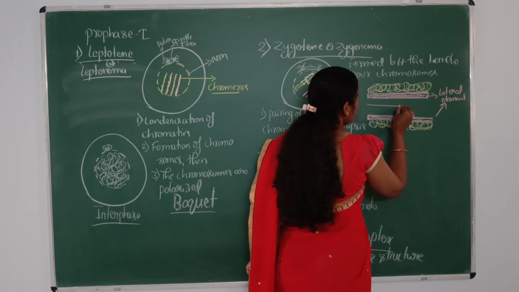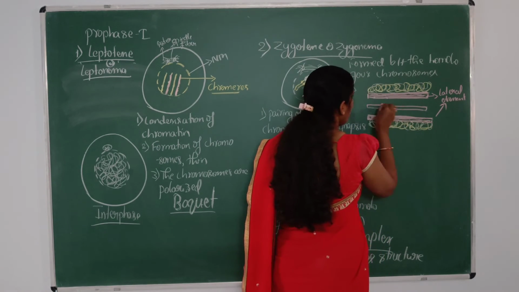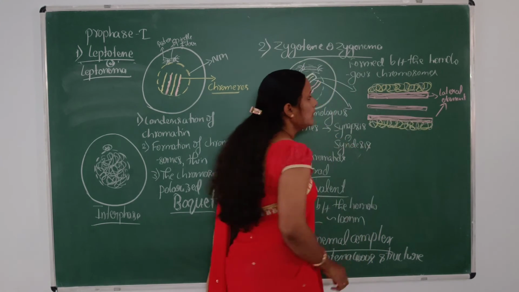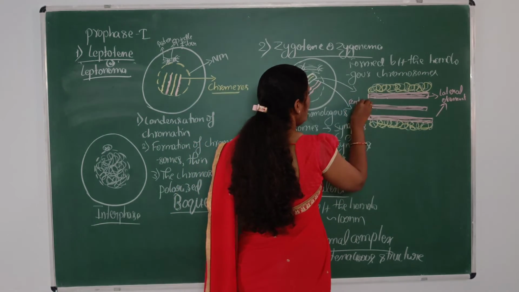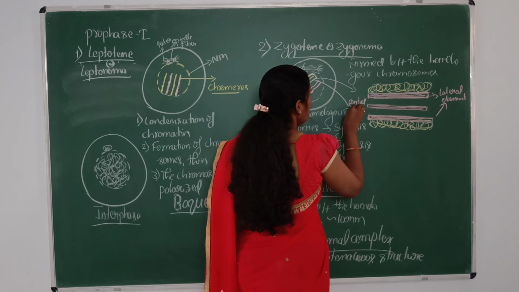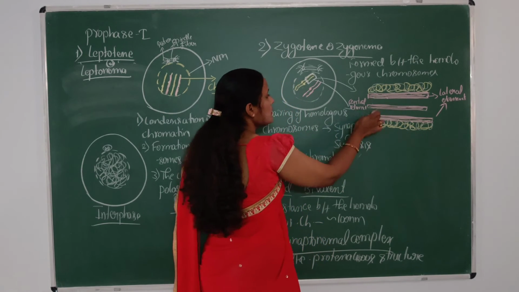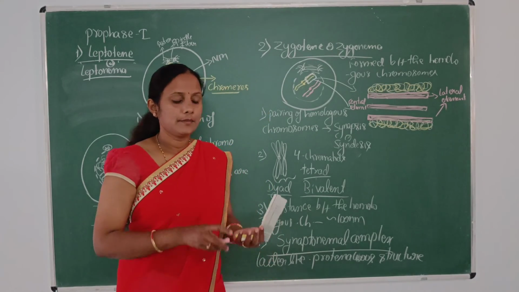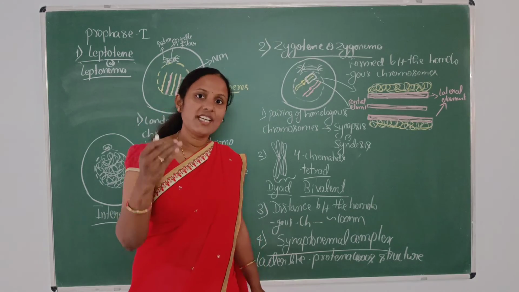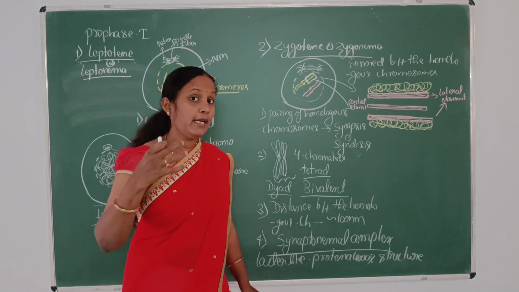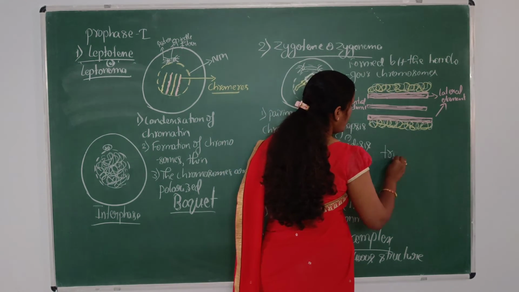And at the center, there is the same kind of structure present, which is also made up of proteins, and it is called the central element. Central element. And since there are three proteinaceous structures present, this is called tripartite.